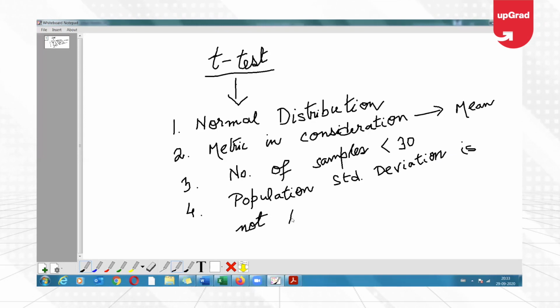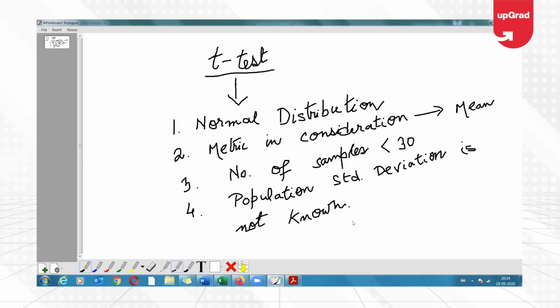However, the rest of the concepts are more or less the same. Here also we'll try to calculate something called a t-statistic, the way we were calculating the z-score, and then we will be looking at the p-value, though in a different way.